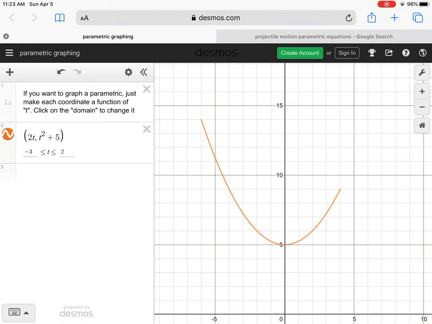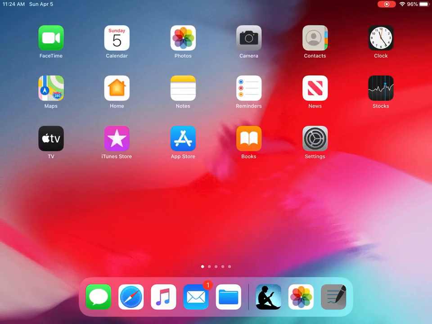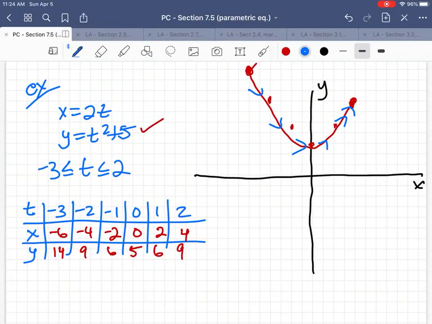It was a parabola. And let's see how we could change it back to a parabola equation, because you can see that it is. So what you would do is solve one of your equations for t and plug it into the other one. It's easy to solve the x one for t. So x equals 2t means t equals x over 2.